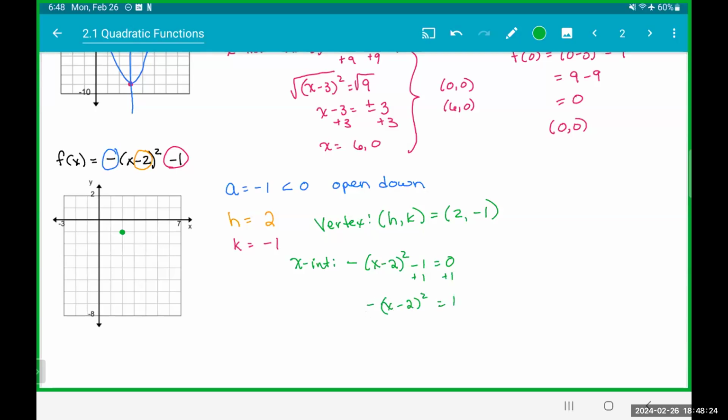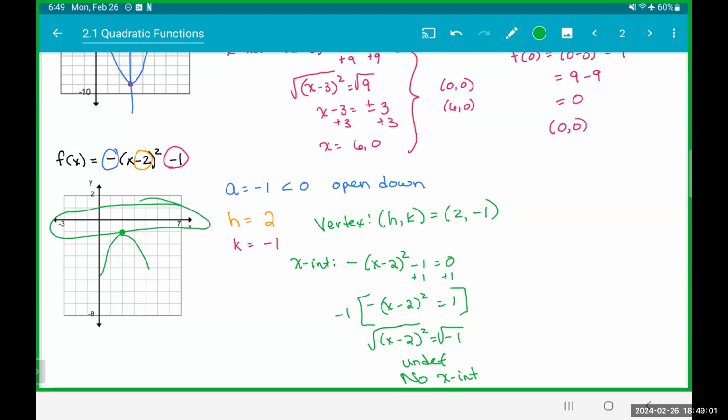Now let's just multiply the whole thing by -1. So that gives me x minus 2 squared equals -1. And now we can take the square root of that. But the problem is we can't take the square root of a negative because that is undefined, right? So we have no x-intercepts, okay? And that makes sense, right? Because we know this is going to open down looking like this, so it's never going to cross our x-axis. So we confirmed that that is correct.